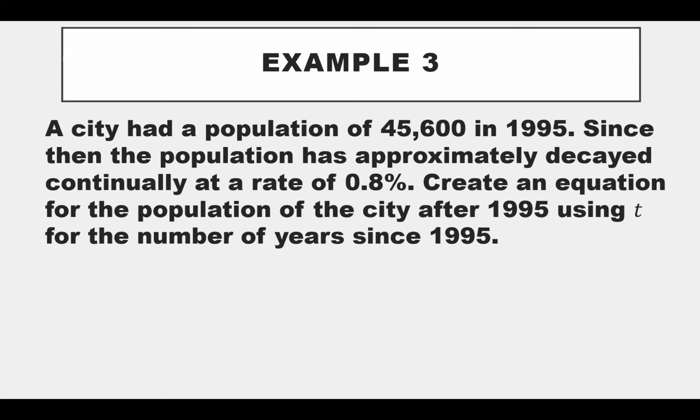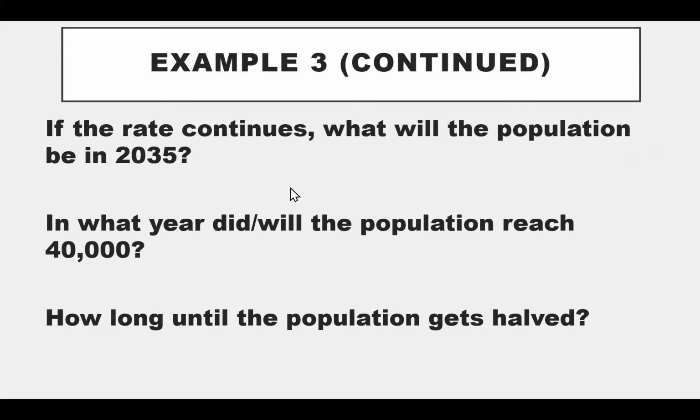Let's do another example. This says a city had a population of 45,600 people in 1995. Since then, the population has approximately decayed continually at a rate of 0.8%. Create an equation for the population of the city using t for the number of years since 1995. After we do that, we'll ask, if this rate continues, what will the population be in 2035?